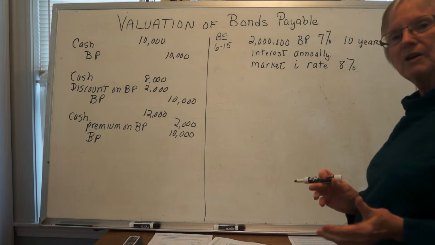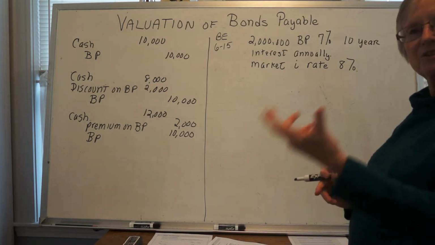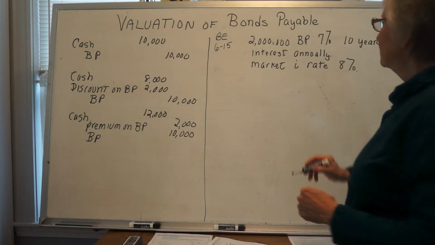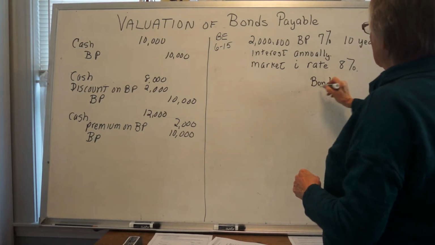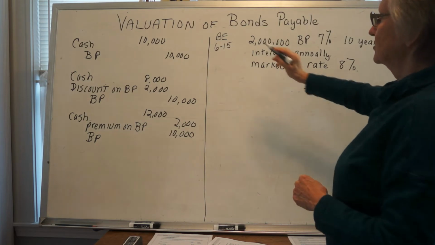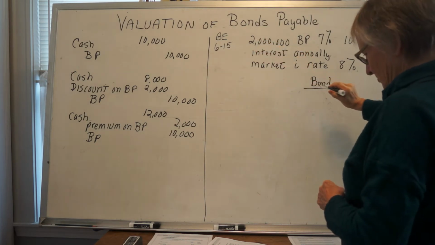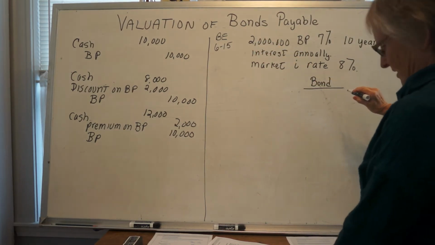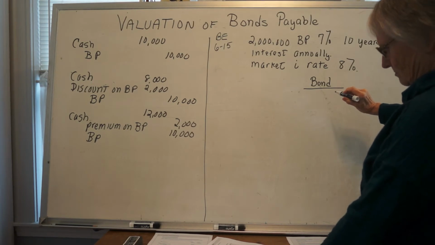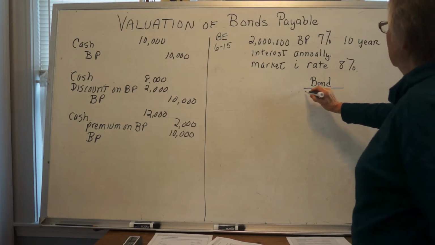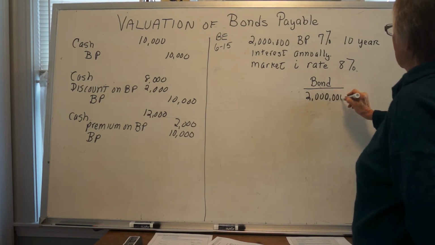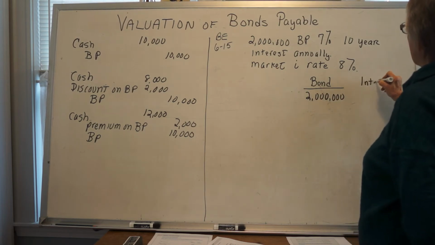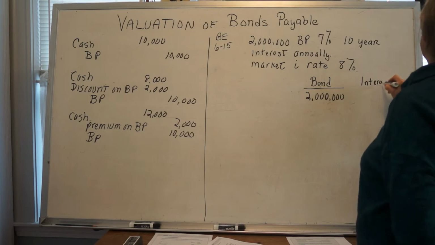But before we do that, we have to realize that we're discounting back to the present both the bond itself, which is going to be a single sum of the $2 million, and then we've also got to discount the interest payments.